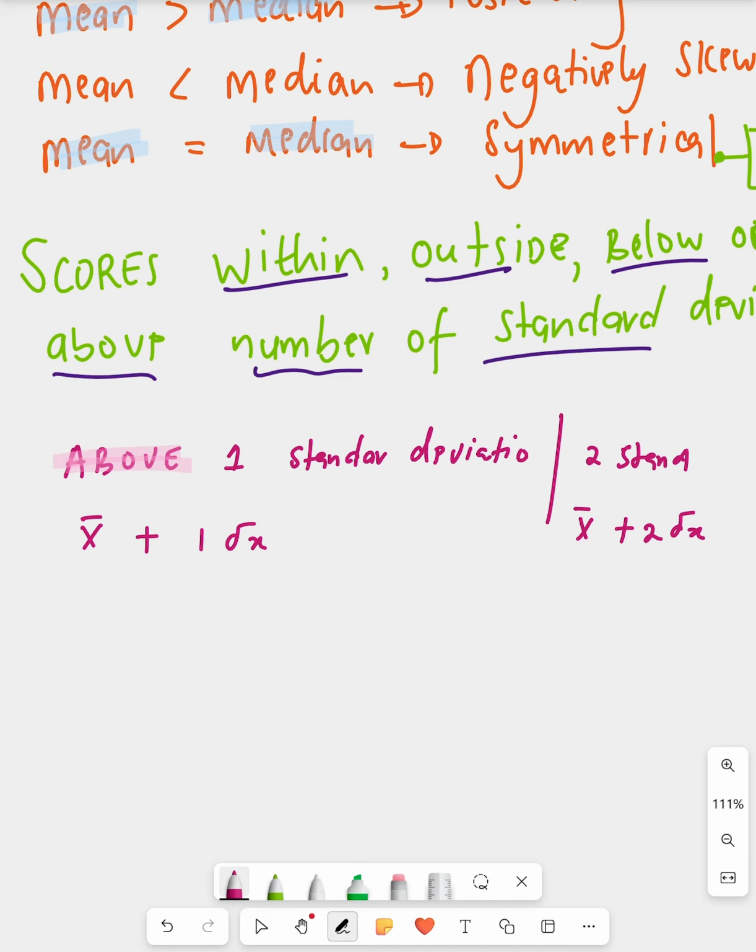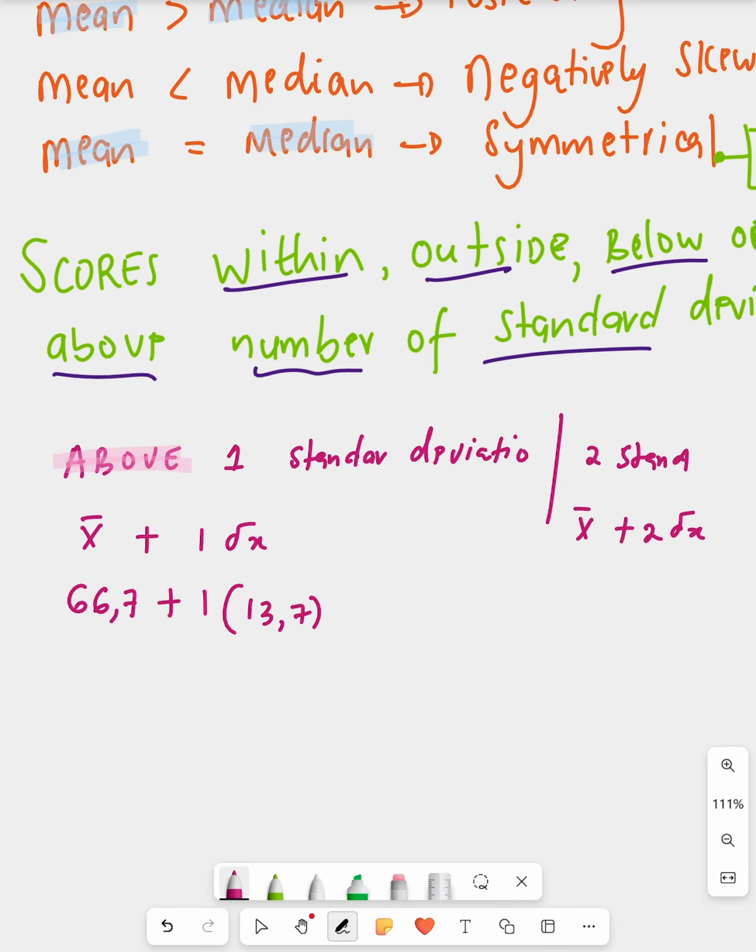So now we do have our mean. You just put your mean here, and then plus you put your standard deviation. Let me see what is our standard deviation. Our mean is 66.7, and then plus 1 multiplied by our standard deviation, which is 13.7.